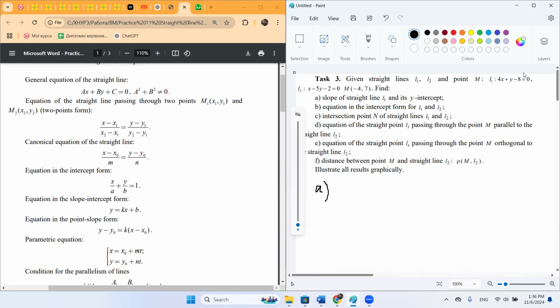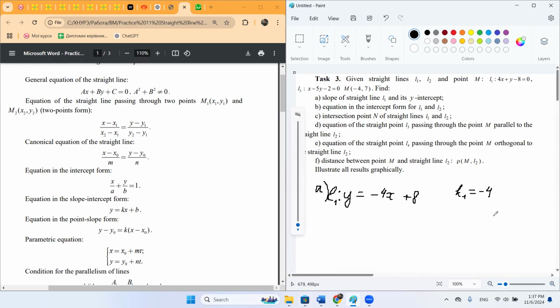So we're writing this equation: y equals minus 4x, and this is the L1 line. So minus 4x plus 8. So the slope is minus 4. And what about the y-intercept?